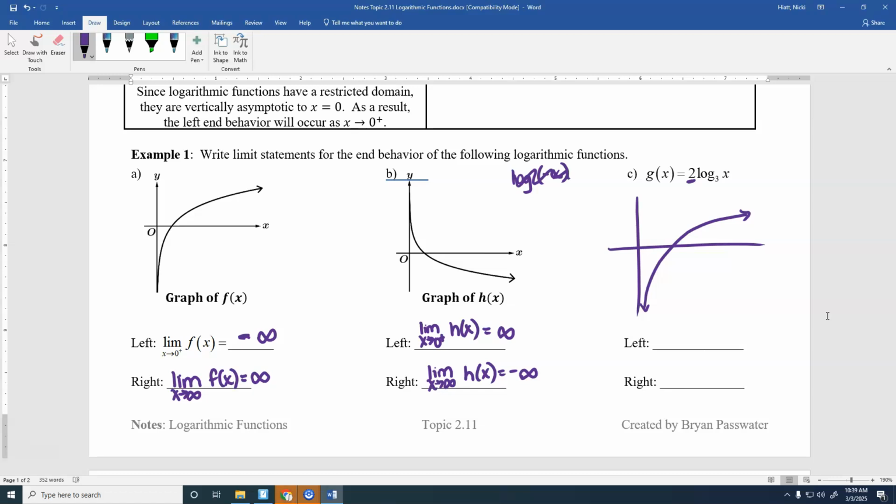That is going to change how steep it is, but it's not going to change the shape. If you zoom out on any of these, they're going to look the same. So for this, we would have the limit as x approaches 0 from the right of g of x, and that would be negative infinity, and then our limit as x approaches positive infinity of g of x would be positive infinity.